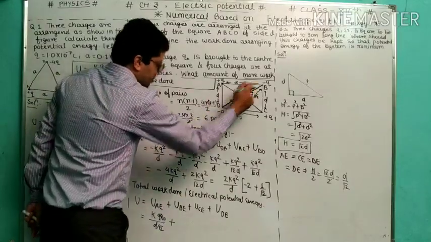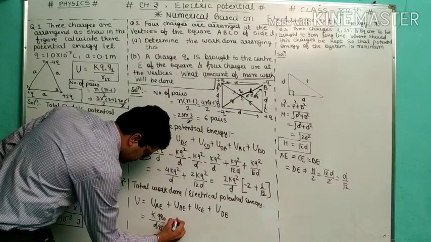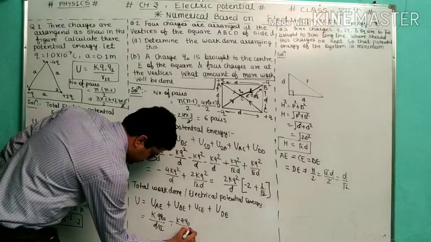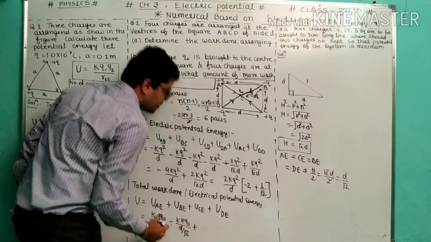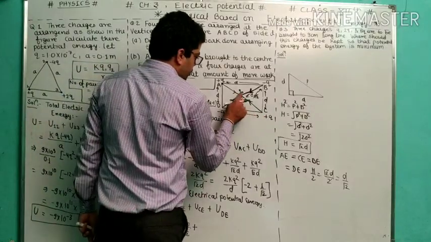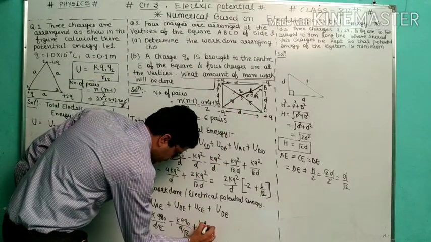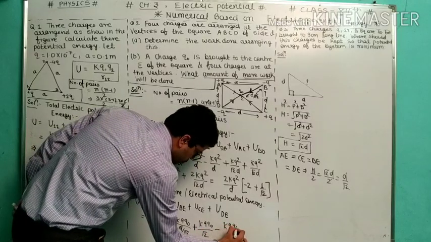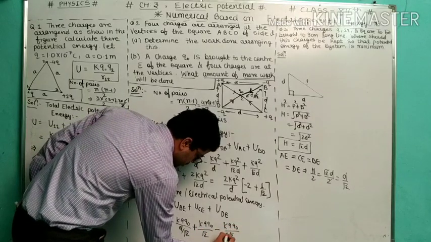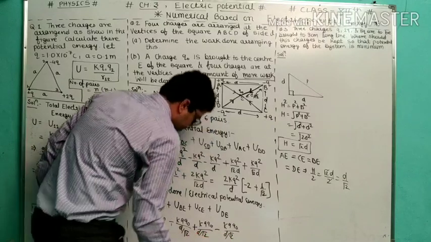So here this is minus kq q naught upon d by root 2 and plus kq q naught upon d by root 2.